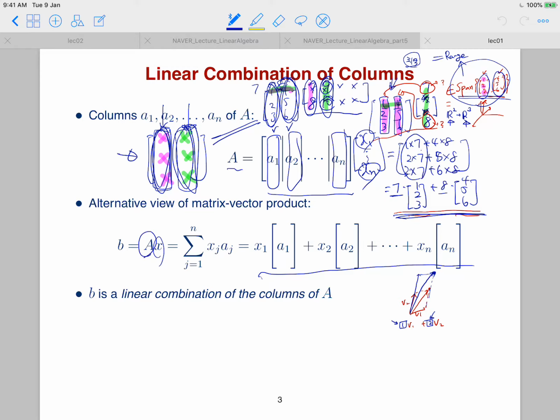Yeah, so this is the matrix, with different perspectives of understanding matrix multiplication. This is really important, and I think I sent you a video link that describes these different perspectives of matrix multiplication.